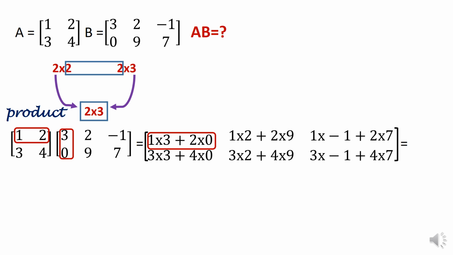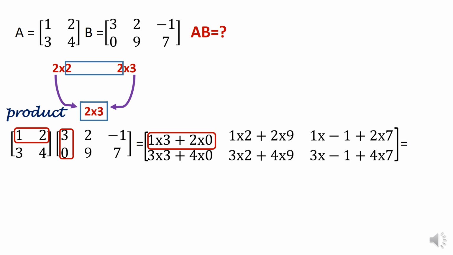So see what is done here carefully. The corresponding elements of the first row of A are multiplied with the corresponding elements of the first column of B. That means in the answer matrix, we have 1 into 3 plus, always there is a plus sign in the middle. So 1 into 3 plus 2 into 0.